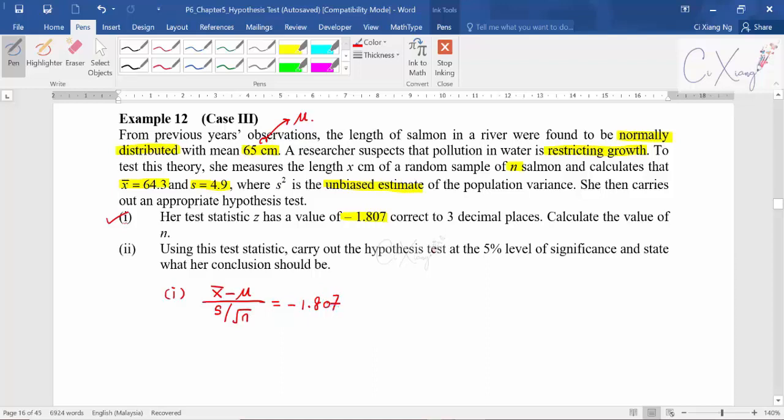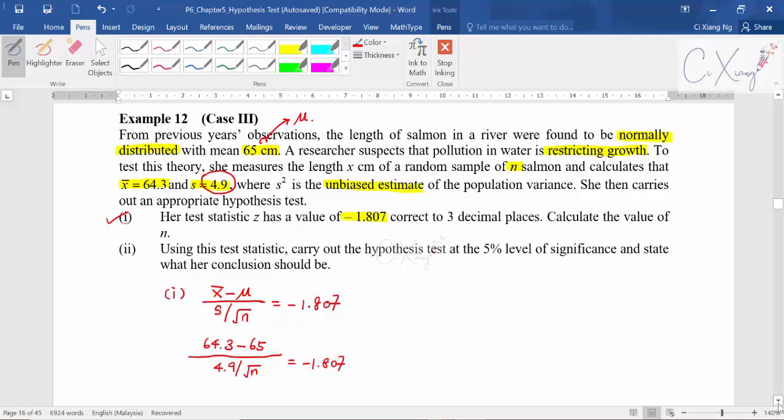So you substitute all the values that you have, which is sample mean 64.3 minus the population mean, which is 65, divided by the unbiased estimated standard deviation. The value that it gives is 4.9 over square root n, and it equals negative 1.807.